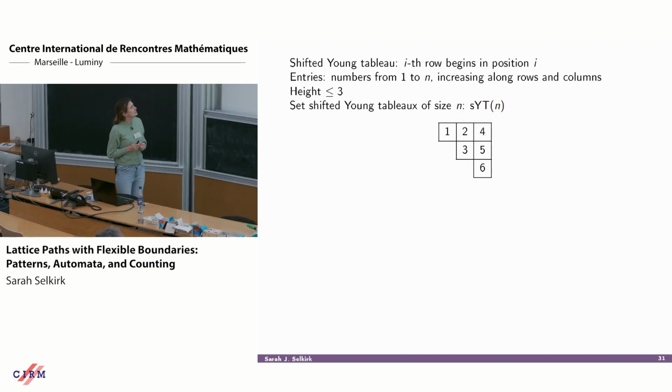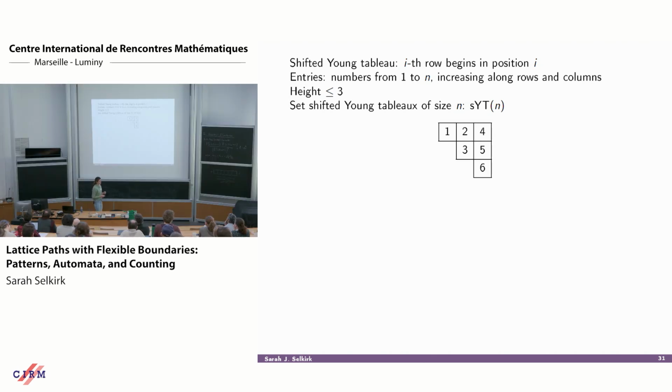And these shifted Young tableaux that we're going to look at now, essentially the ith row starts in the ith position. So we sort of have a staircase going on for the start, okay? Entries are the numbers from 1 to n, always increasing along the rows and columns. And as I mentioned, height less than or equal to 3. So this is just what one looks like.